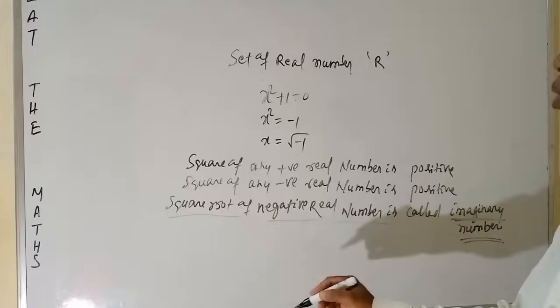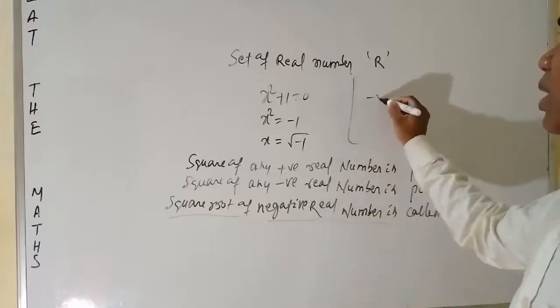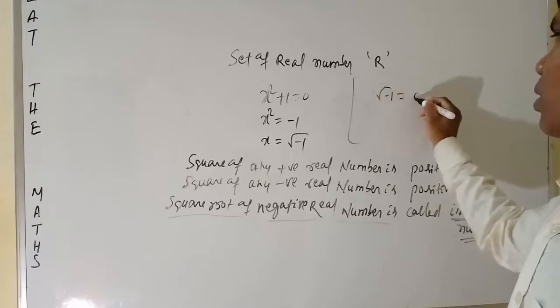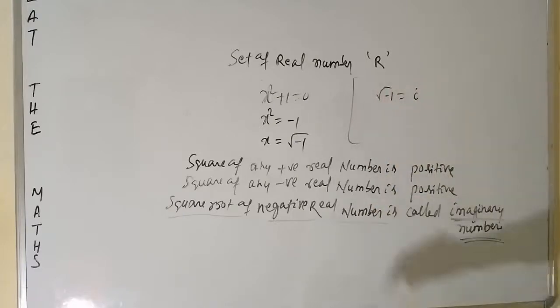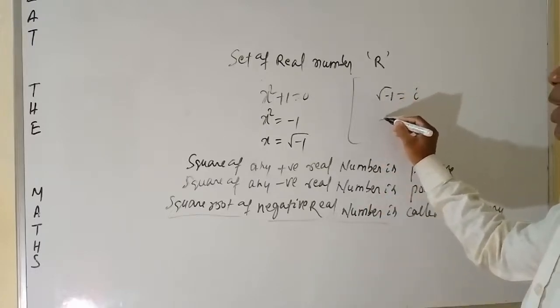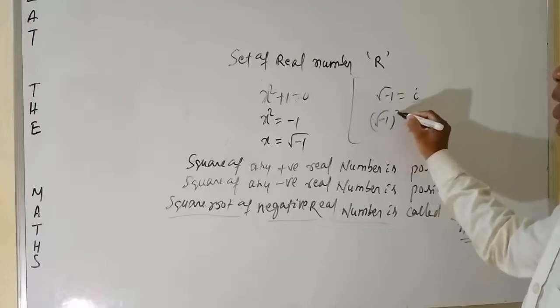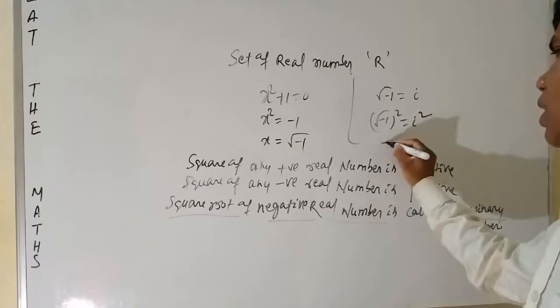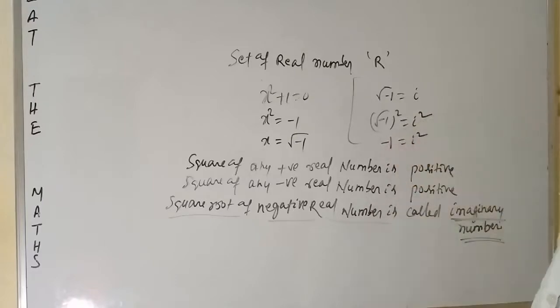We can say root over minus 1 is equal to the imaginary number i. Okay, if we square both sides, we get root over minus 1 whole square is equal to i square. Root over minus 1 whole square means minus 1 is equal to i square.